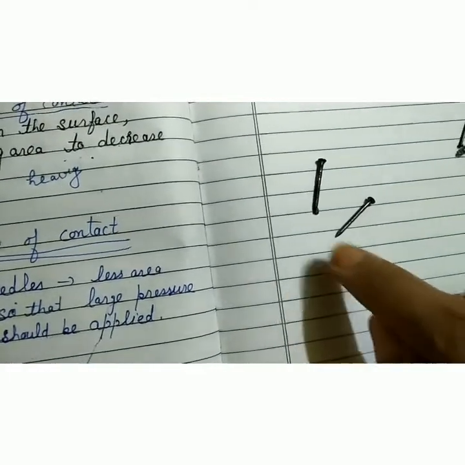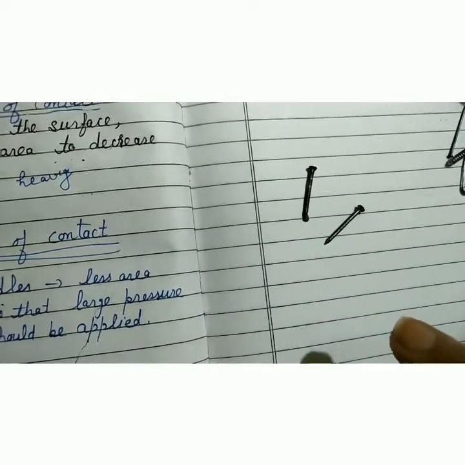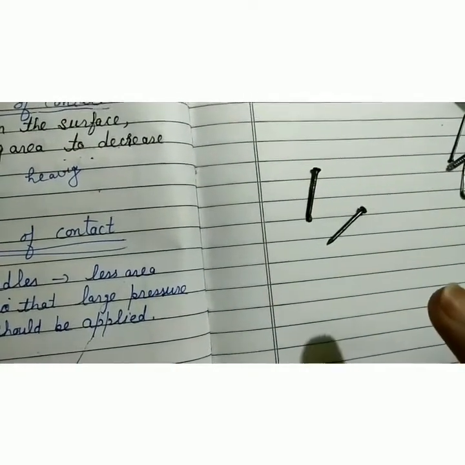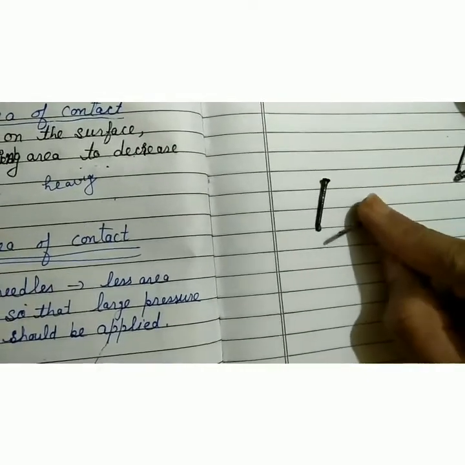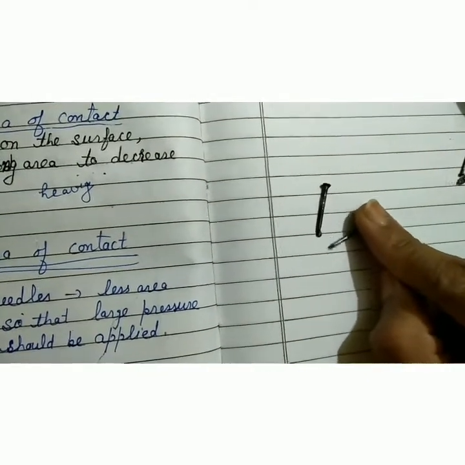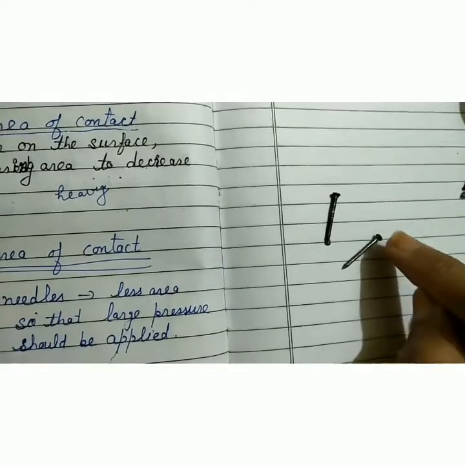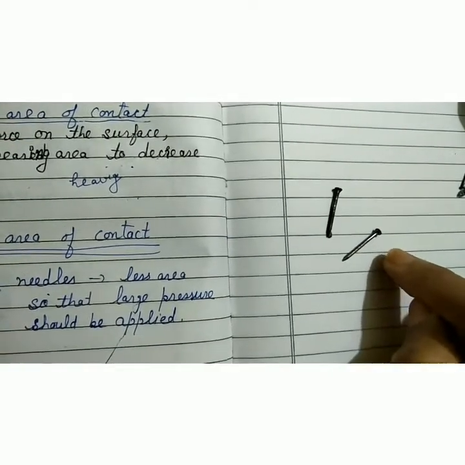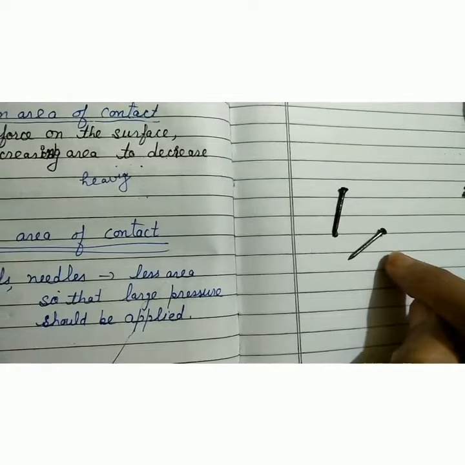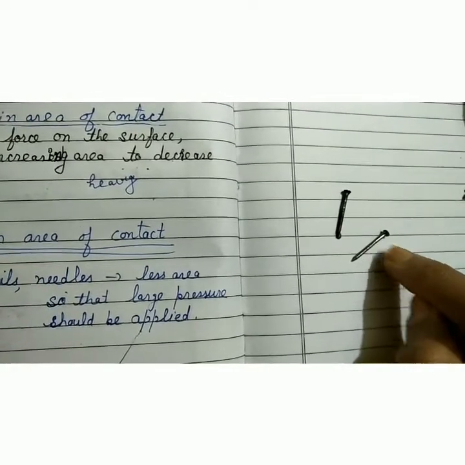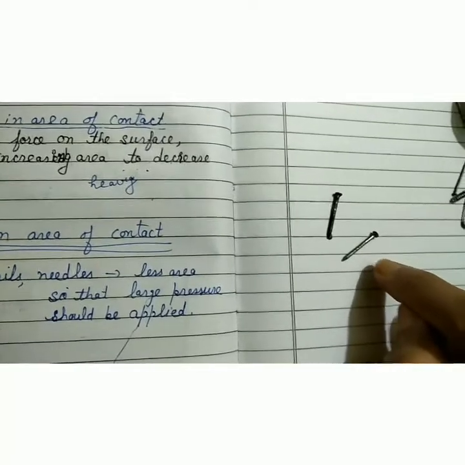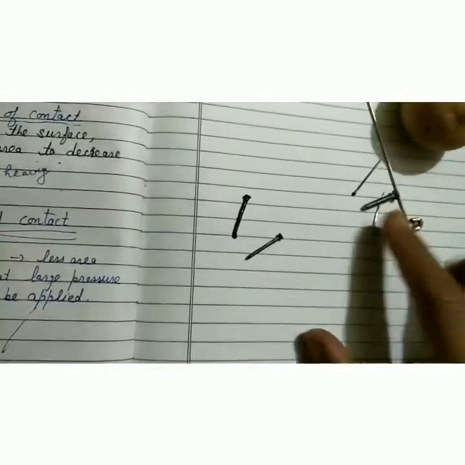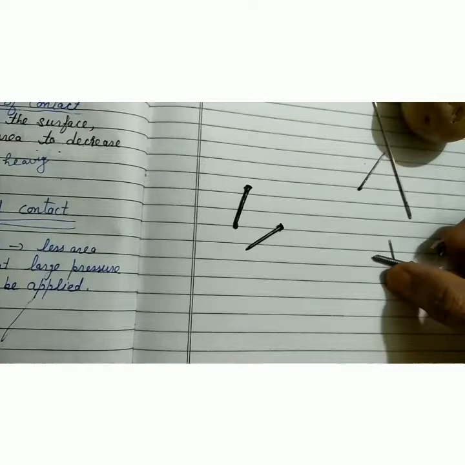So out of these two nails, which nail can easily go inside the block? Obviously it is the nail with the less area, because if the area is less, then for the same force the pressure exerted by this nail on the surface of the block is more, so this nail easily goes inside the block.